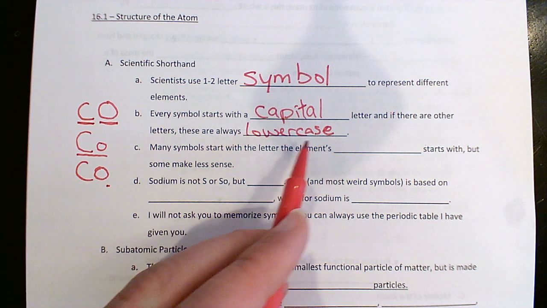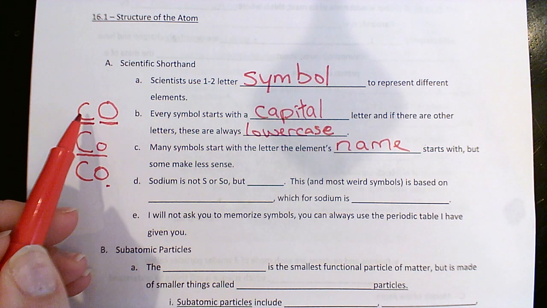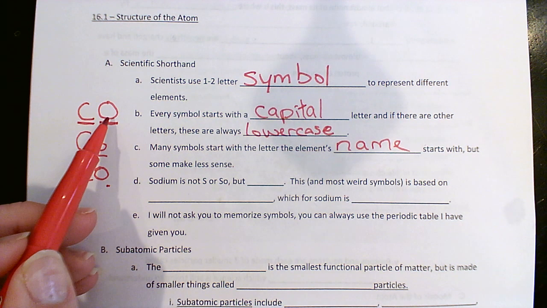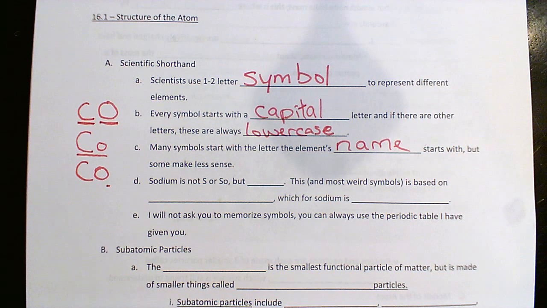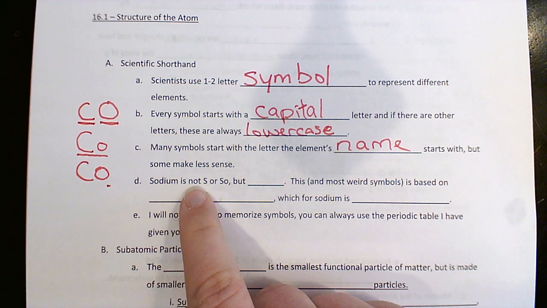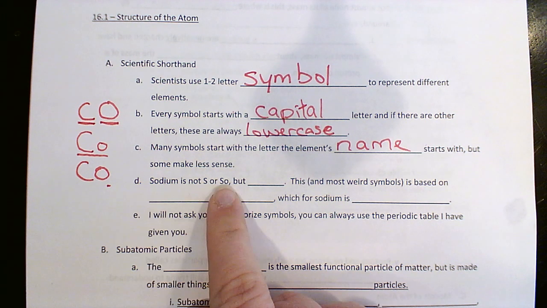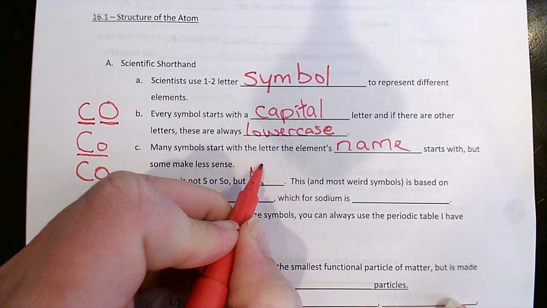A lot of symbols start with the letter the element's name starts with, like carbon starts with a C, oxygen starts with an O, and cobalt starts with a C. But some don't make as much sense. With sodium, you think it should be an S, maybe an SO, but that's not it. The sodium symbol is Na.